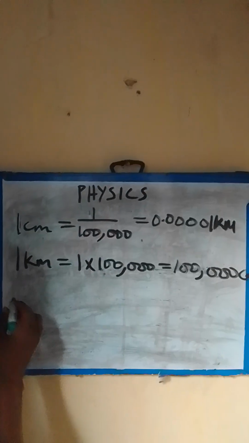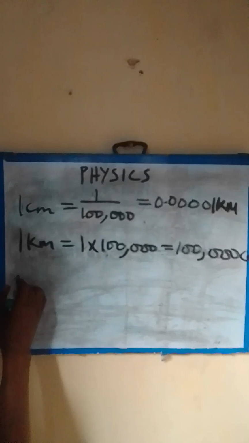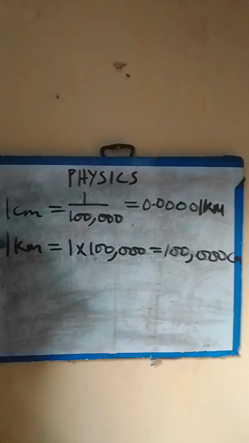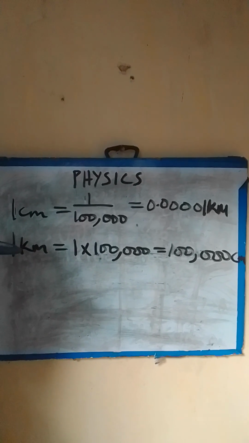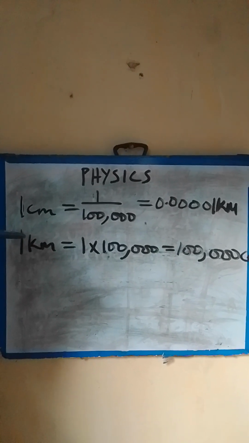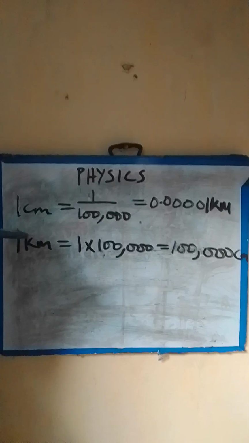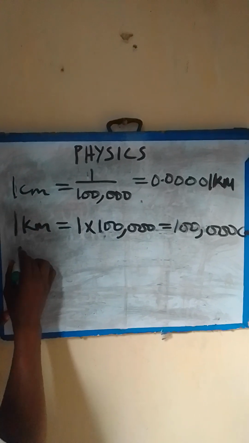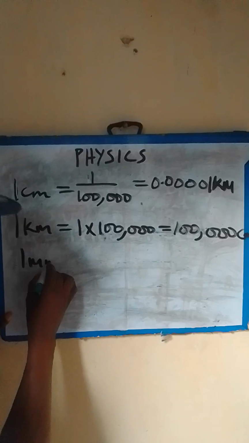So now to convert millimeters to meters, you divide the value of millimeters by 1,000. For example, say you have 1 millimeter.